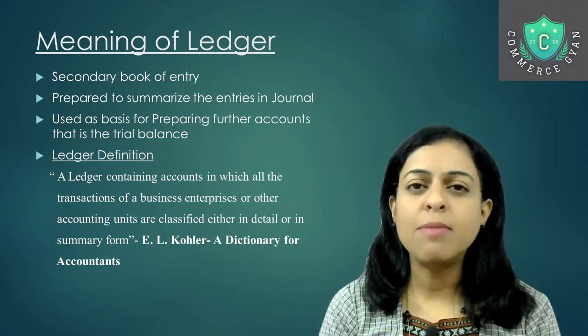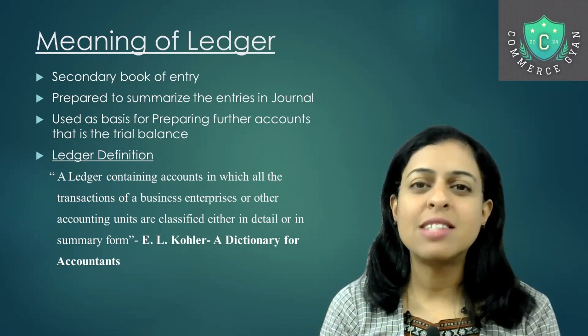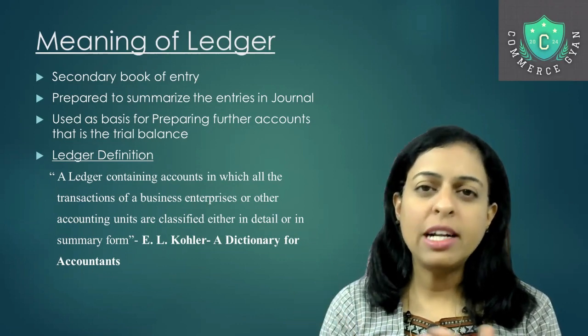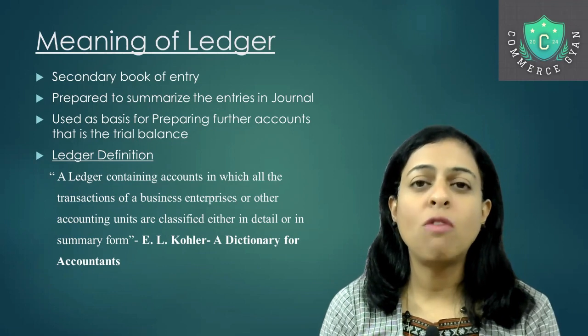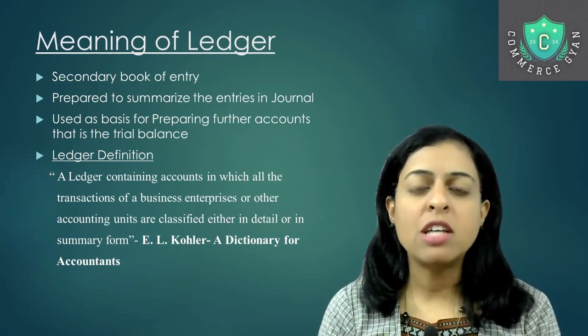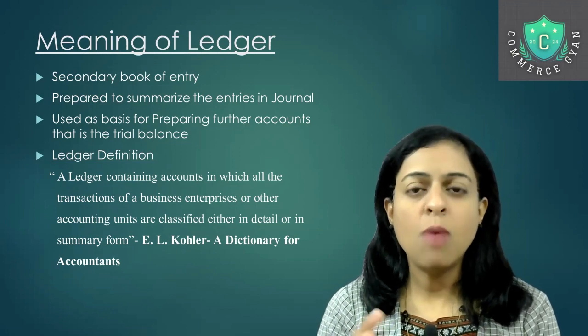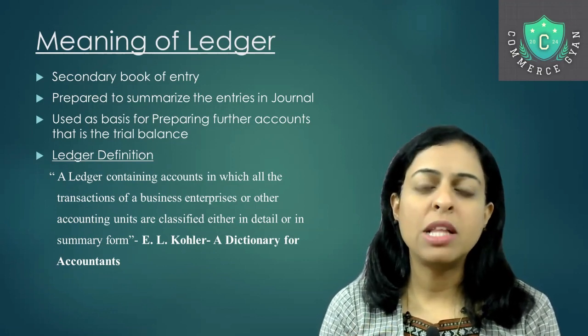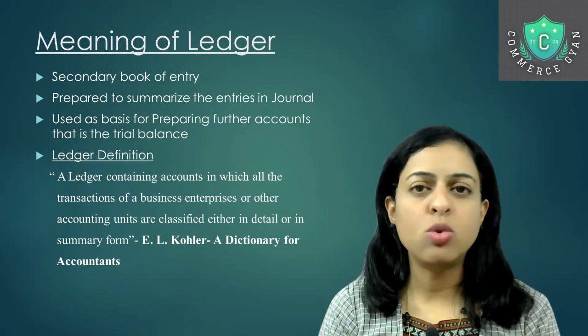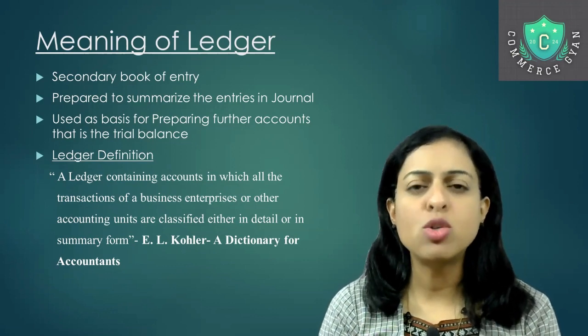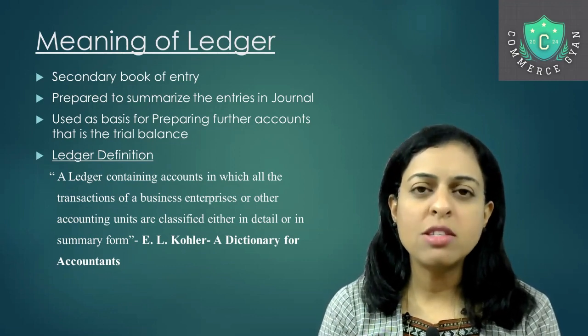Let's say also at the same time in the same month you made sales 10 times. So 10 times you have written the journal entry of sales. So now if I ask you at the end of the month, how much was your sales? How much was the sales for that particular month? Let's say for the month of April 2024. How much was your sales? So how would you answer it?